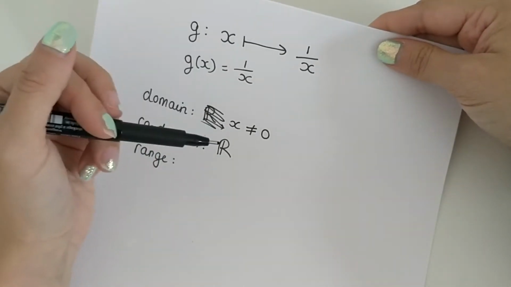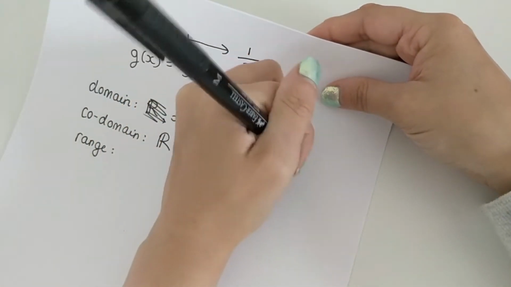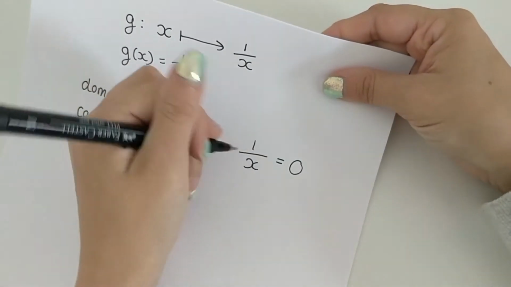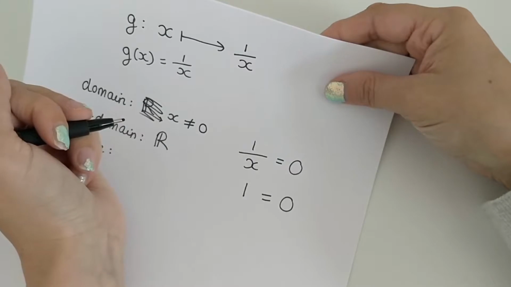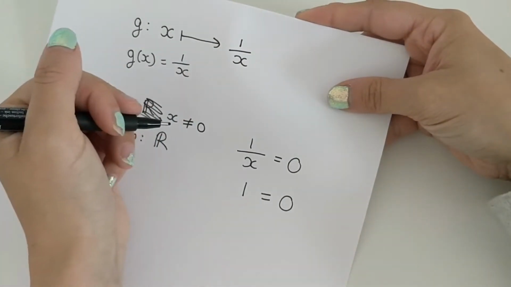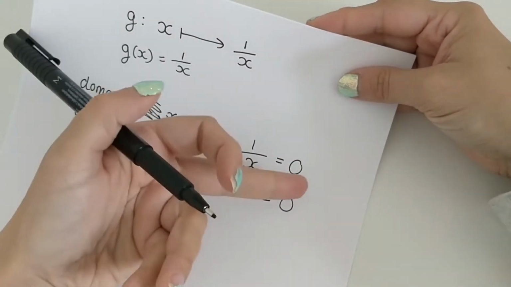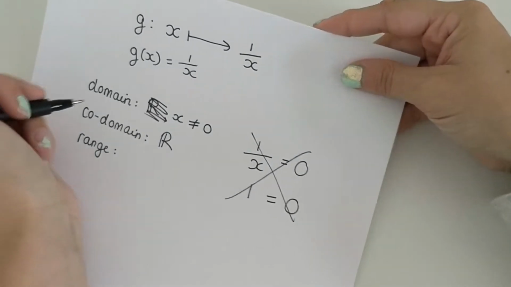Could we get 0 as an answer? Could 1 divided by x equal 0? Well, let's try it. 1 divided by x equals 0, times both sides by x. Oh, yeah, no, it doesn't work. So we can't get 0 as an answer.